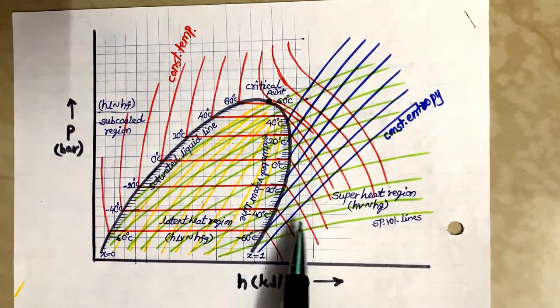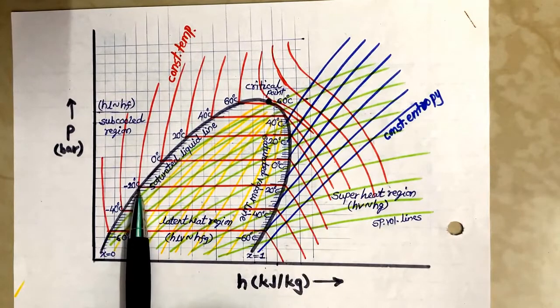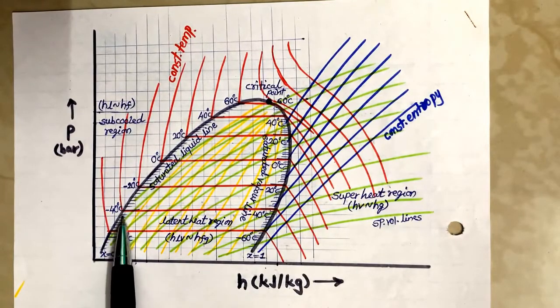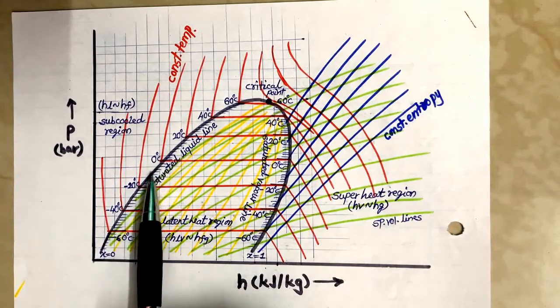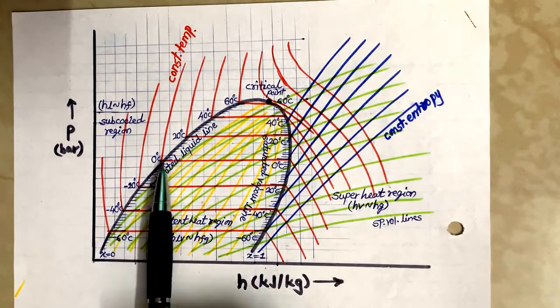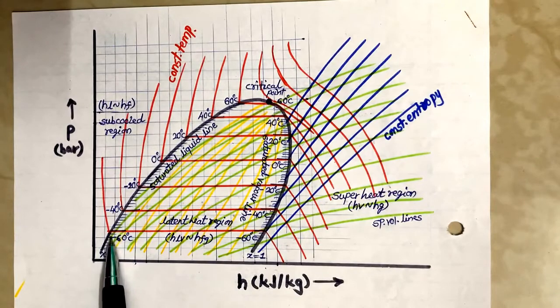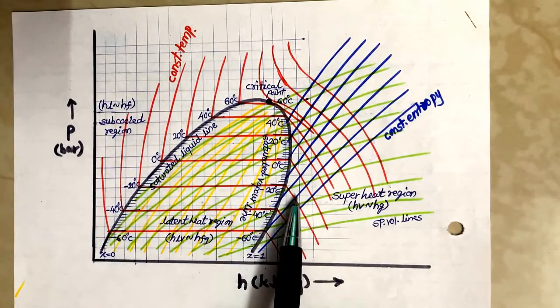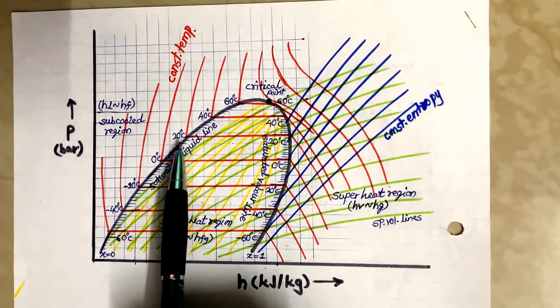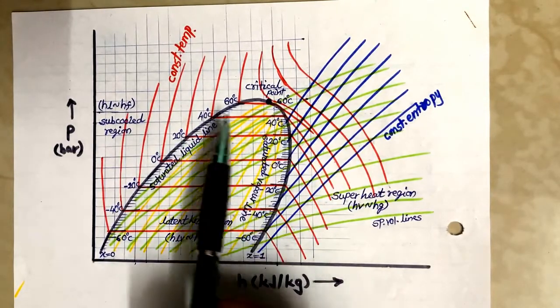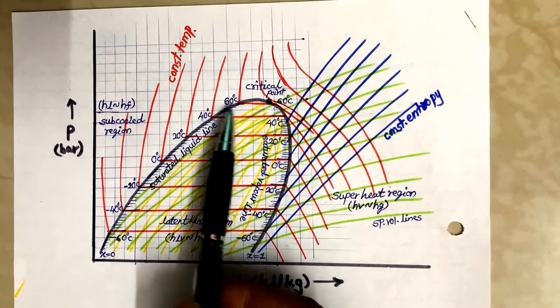inclined. If you observe the minus 20 degree line, minus 40 degree line, minus 60 degree line, whatever the temperature scale on the saturated liquid line, the same temperature scale is there on the saturated vapor line also. Likewise the 20 degree line, 40 degree line, 60 degree line.